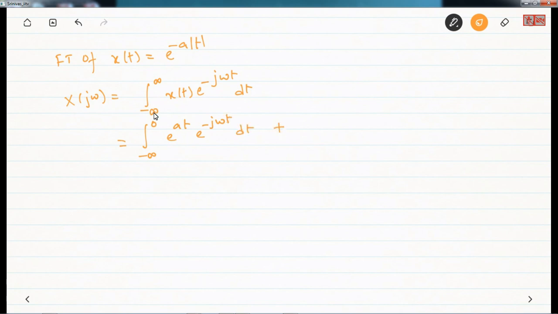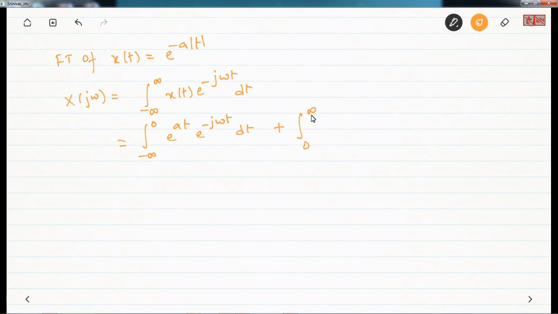I'm splitting this interval into minus infinity to 0 and then 0 to infinity. In minus infinity to 0, e power minus a into modulus of t becomes e power minus a into minus t, so that becomes e power at.